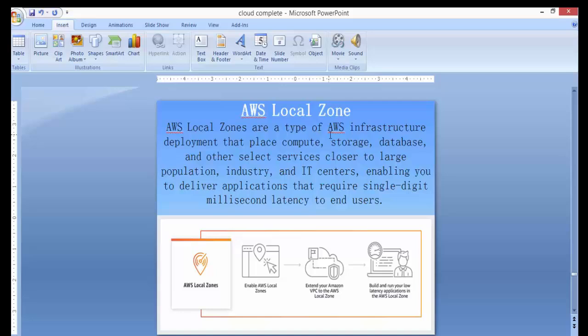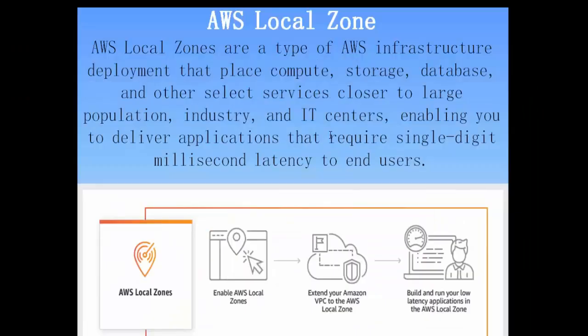So the next term is local zones. So what is basically a local zone? A very simple definition: a local zone gives you local processing also. So you can say it is an extension of a region.